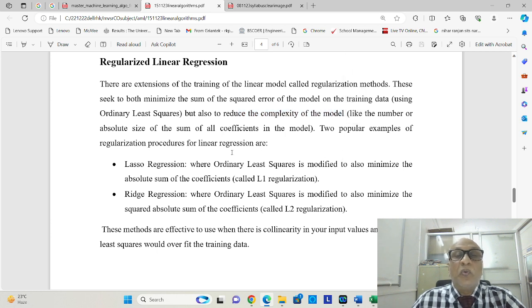The two most popular regularization techniques are lasso regression and ridge regression. Lasso regression is called L1 regularization and ridge regression is called L2 regularization. What both will be doing, they will be modifying these ordinary least squares so as to minimize the absolute sum of the coefficients.